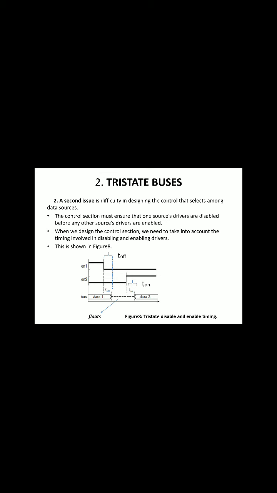We are not getting a proper value. It is in a high impedance state, an undetermined state. This is one of the issues, so the timing of enabling the tri-state buffer has to be taken care of.